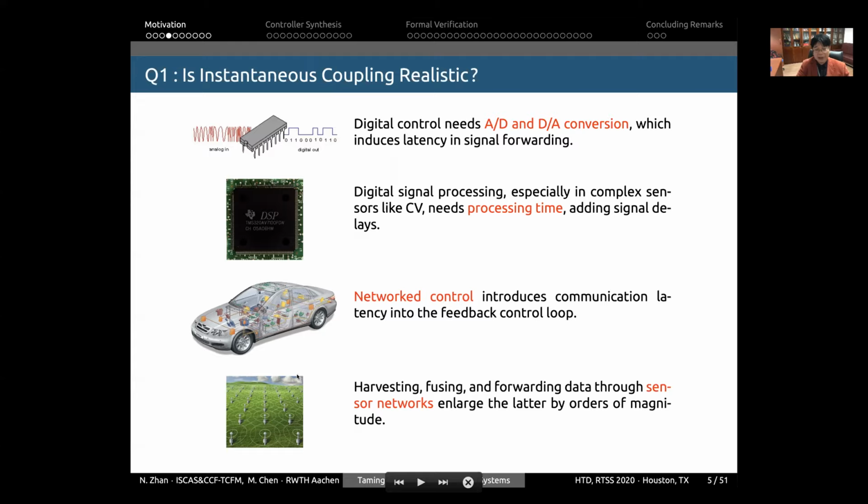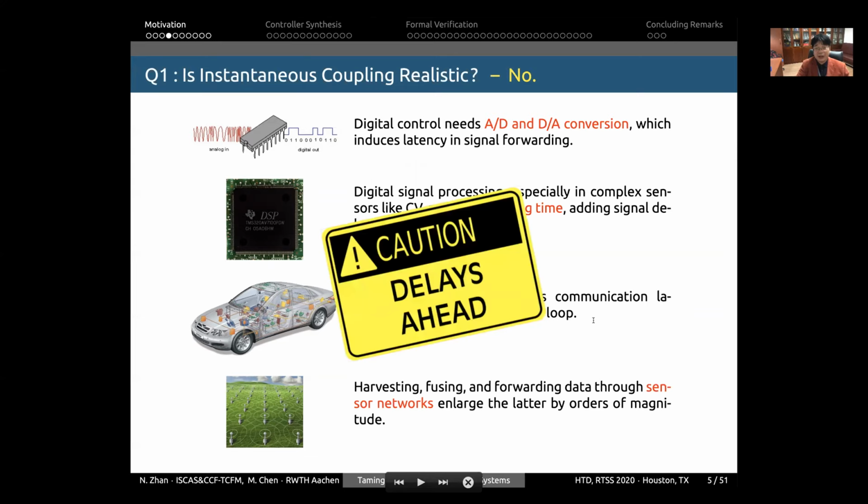In the Internet of Things, harvesting, fusing, and forwarding data through sensor networks may enlarge the time delay by orders of magnitude. So you see that time delay is inevitable, unavoidable. Actually, instantaneous coupling is not realistic.